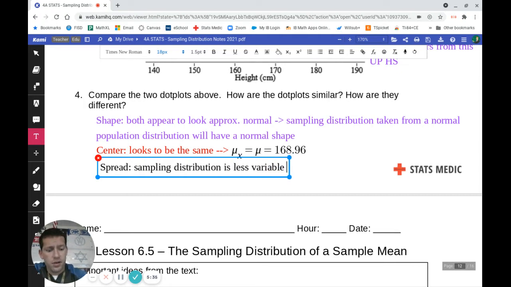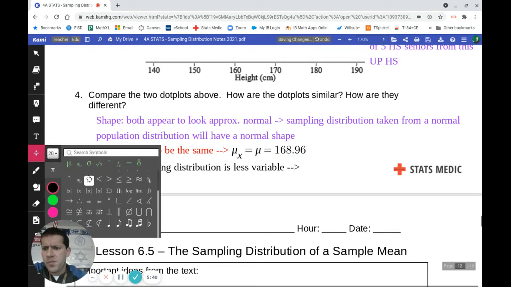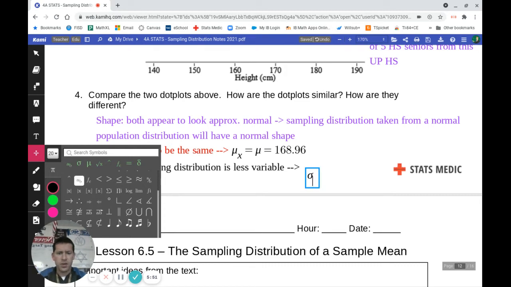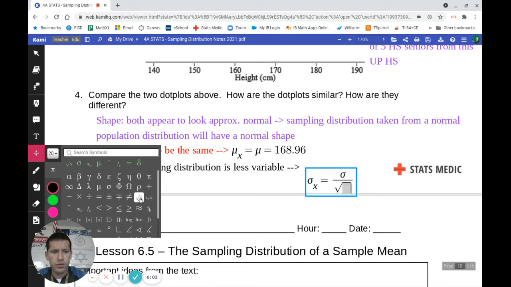And so what we learn from that is that our standard deviation for this sampling distribution, so our standard deviation of X bar, that'll be our mean, will be equal to our population standard deviation divided by the square root of the sample size.